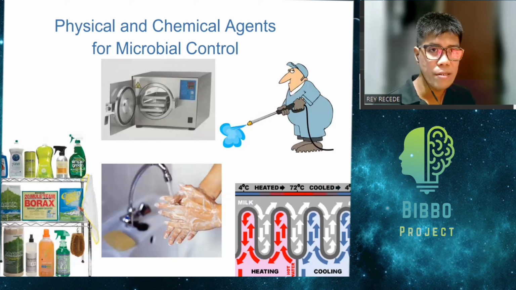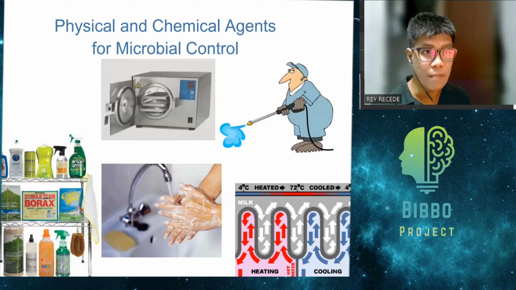Ayaw natin or iniiwasan natin yung tinatawag nating hindi balanse at sobrang pagdami ng populasyon ng mga mikrobyo sa isang lugar o sa isang environment. Actually, hindi lang sa isang environment eh. Di ba?